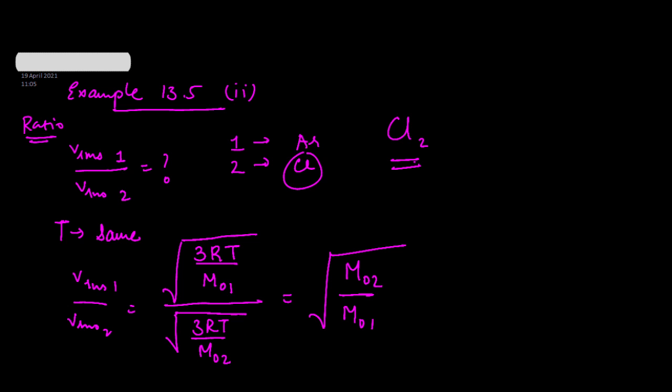Chlorine gas is Cl2, it's not Cl. So let's put value. 35.5, it's double. Should be 71. Is that okay? Molar mass of chlorine gas 71. Okay or not okay? If it's not given in question, then you should use your chemistry knowledge.